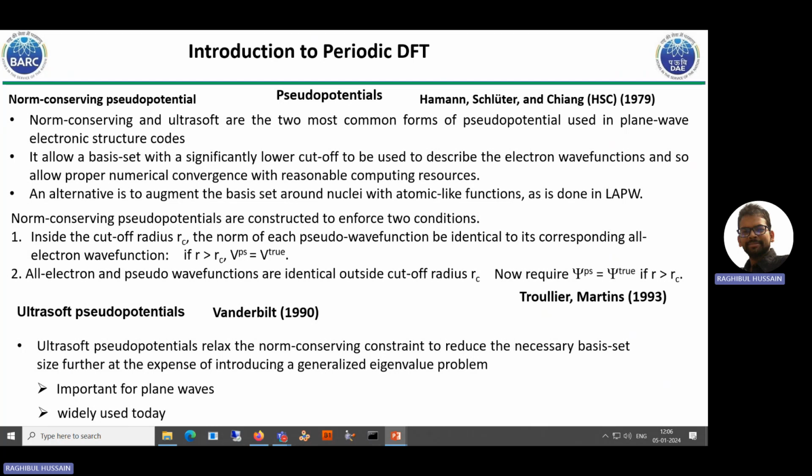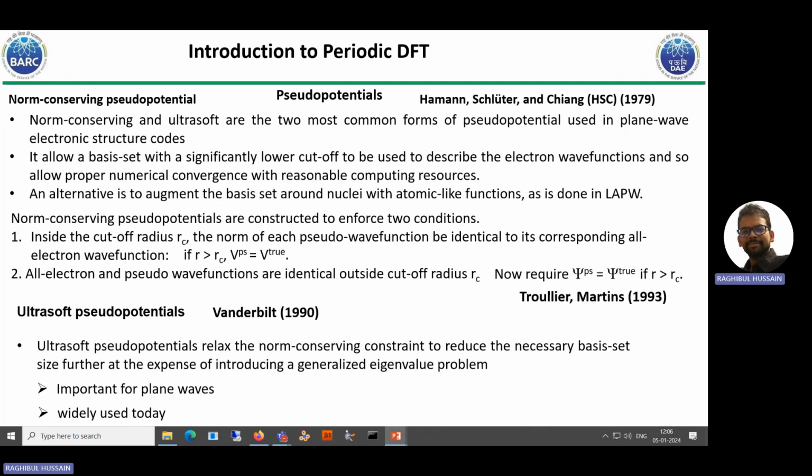Okay, and now, first of all, you are using ultrasoft pseudo potential. Ultrasoft pseudo potential is different from norm-conserving pseudo potential. If you use norm-conserving, it takes longer time compared to ultrasoft pseudo potential. Why? Because for the norm-conserving potential, whatever R cutoff they are using will be a little bit higher, so you are taking more K points there.